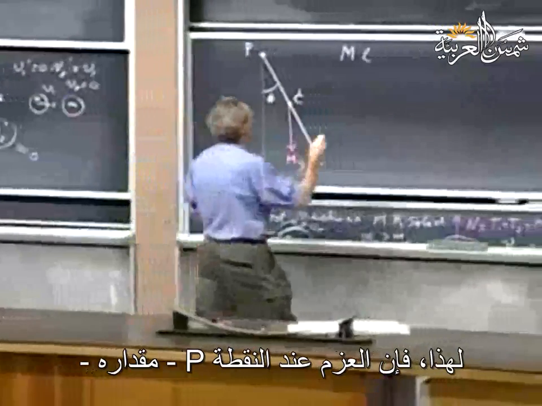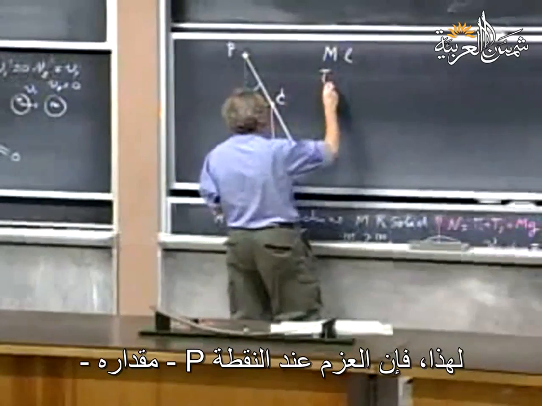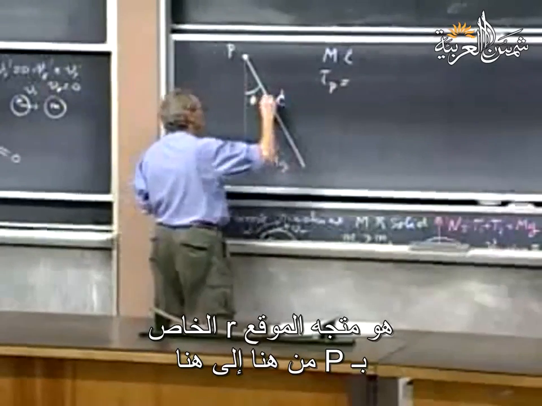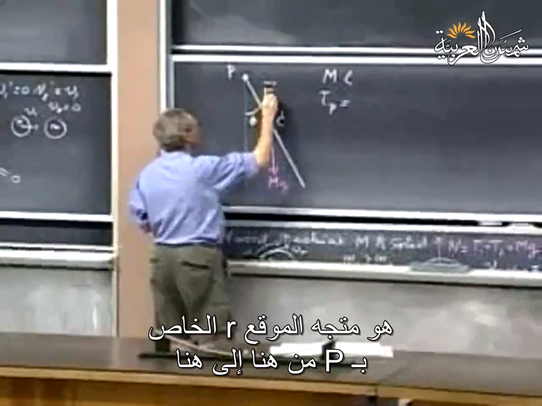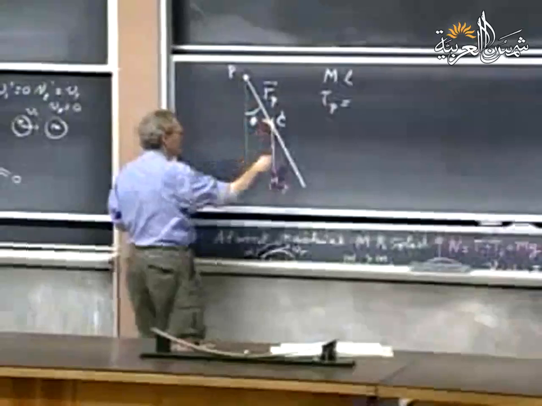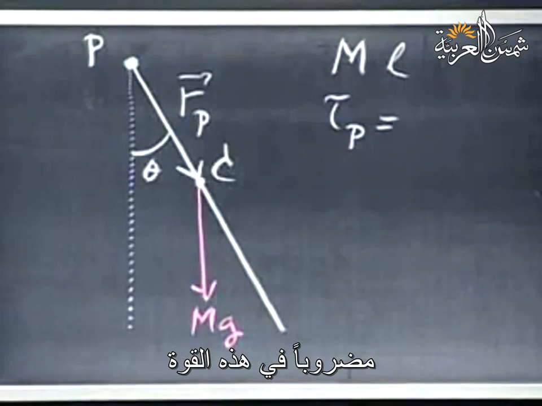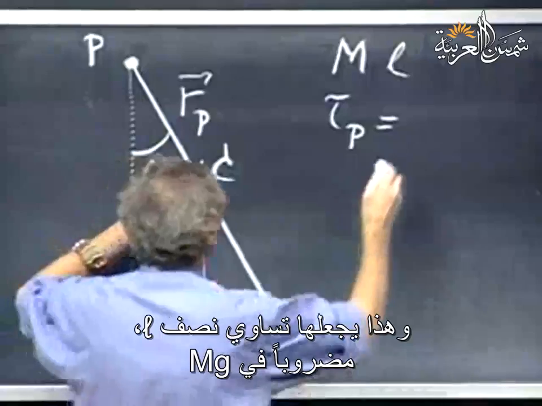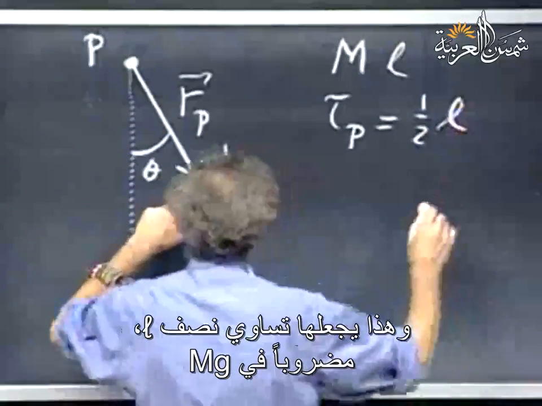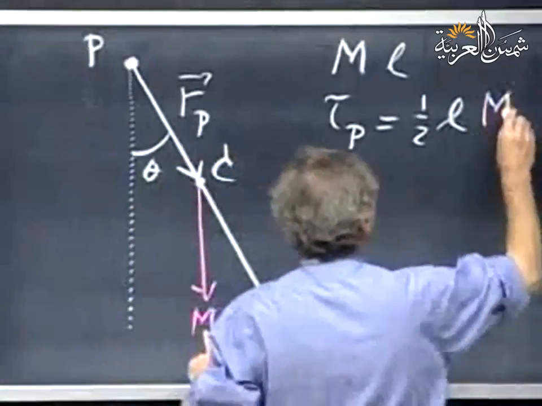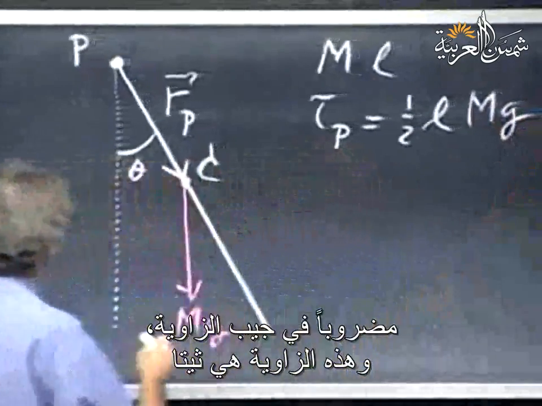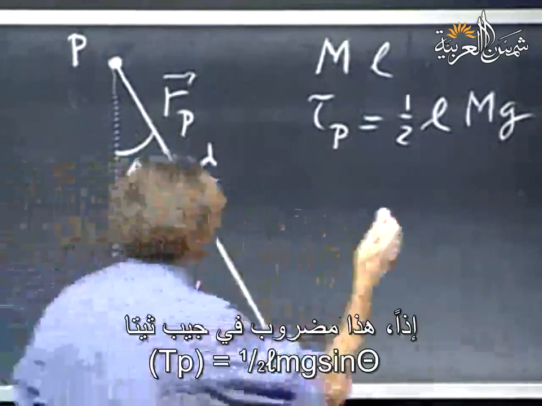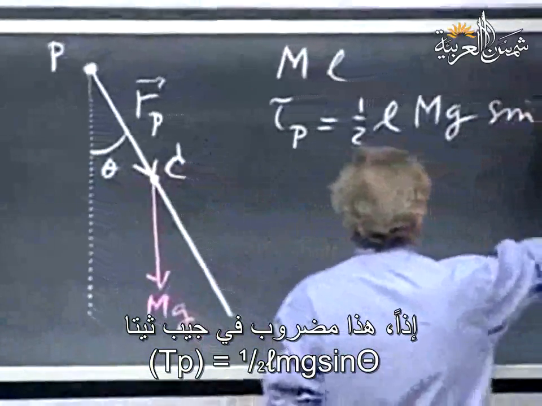So the torque relative to point P, the magnitude, is the position vector, r of P, from here to here, crossed with this force, and so that makes it 1/2 L times mg times the sine of the angle, and the angle is theta, so that is times the sine of theta.